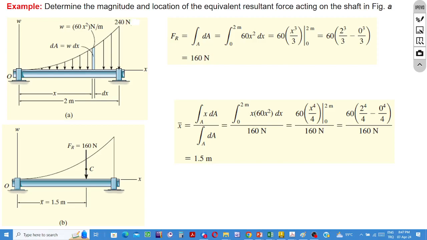In our example, we know the load function. The load function times dx corresponds to the magnitude of the force at the point. Its moment arm is x. If we add all the moments up, we obtain the magnitude of the resultant couple moment, divided by the magnitude of the resultant force, the total area. It is the coordinate of the line of action, and the coordinate of the centroid as well. In the example, it is 1.5 meters.